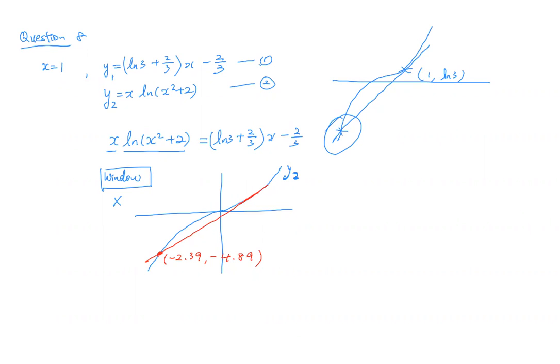The question asked, will the tangent at x equal to 1 meet the curve again? For this case, it's impossible to solve simultaneously. So you solve by using the graphical method. Can or not?